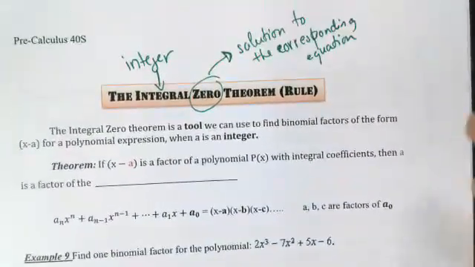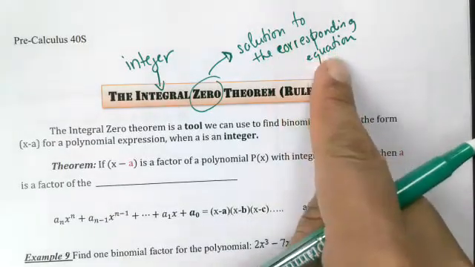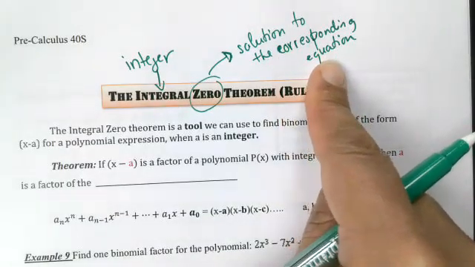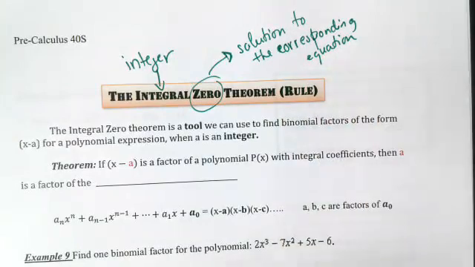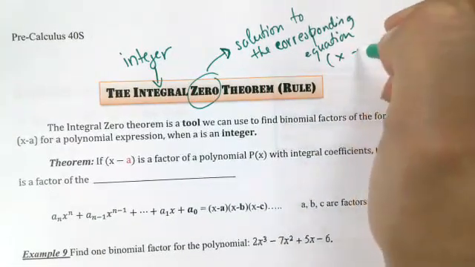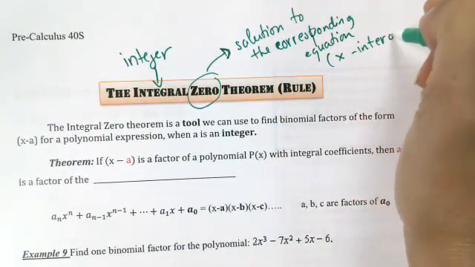Or sometimes we call zeros a solution to the corresponding polynomial equation. Or sometimes you call zeros the x-intercepts of a function, polynomial function in this case.